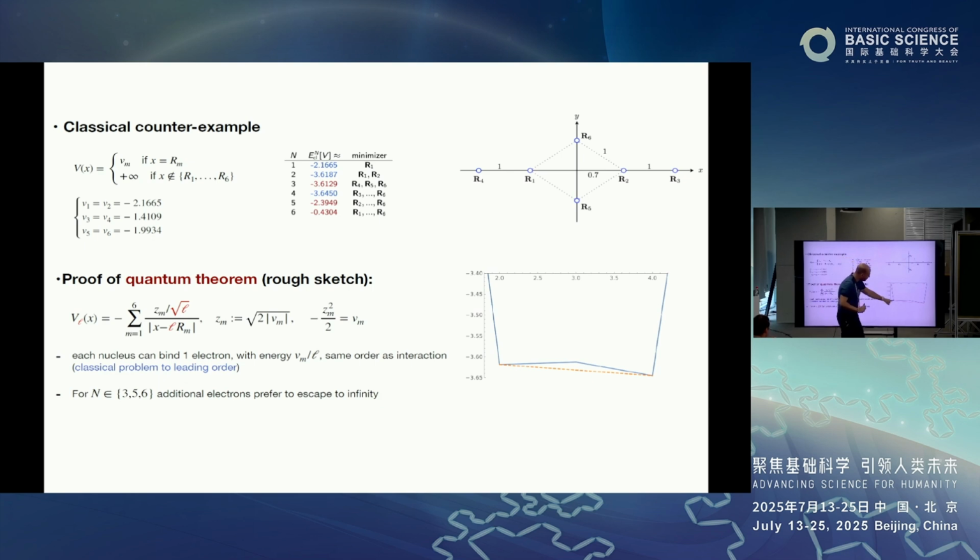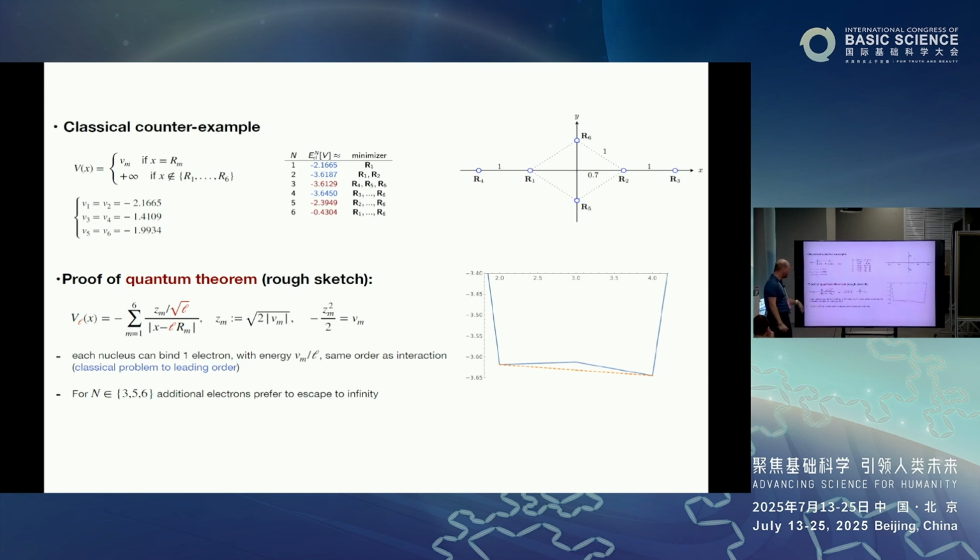And if you plot this energy, it's not convex, because if it was convex, you would have something like the orange curve, and not the blue one. And of course, with respect to the quantum energy, at a certain point after 4 electrons, you go up. This is basically because you are in a confined system, so at a certain point you cannot bind more, and the electron cannot escape to infinity. So the energy goes up again, but that's not a problem.